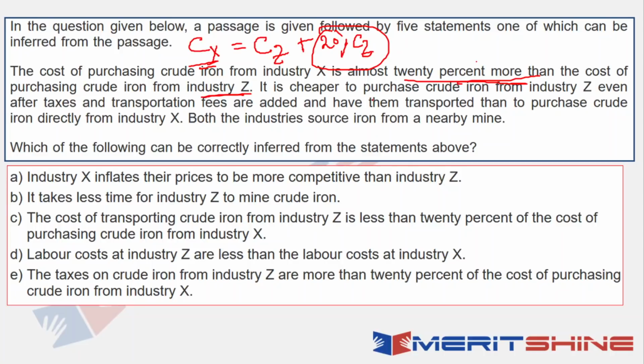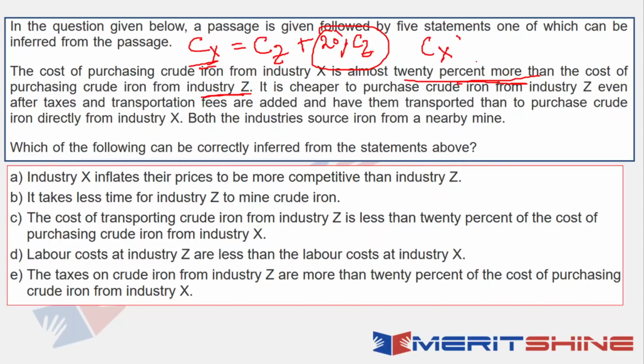It is cheaper to purchase crude iron from industry Z even after taxes and transportation fees are added and have them transported than to purchase crude iron directly from industry X. So what does this mean?